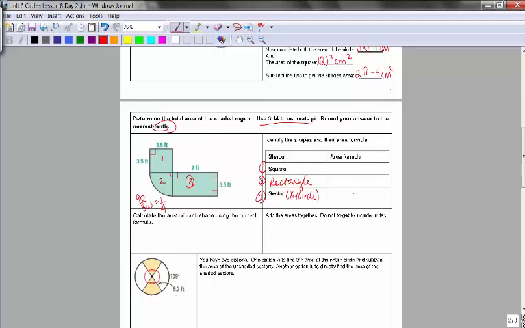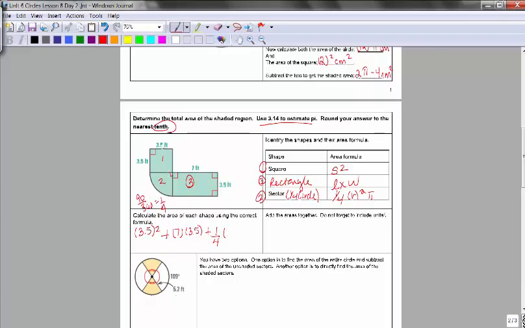And then if we put in the formula for each of these, this would be side squared, length times width, and this would be 1/4 radius squared times pi. And now we just need to substitute in the values here and add them all together. So our square is going to be 3.5 squared, and our rectangle is 7 times 3.5, and then our sector is 1/4.